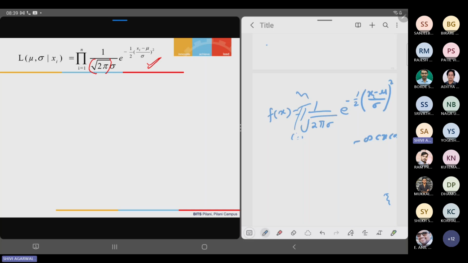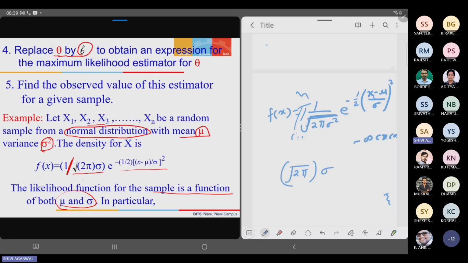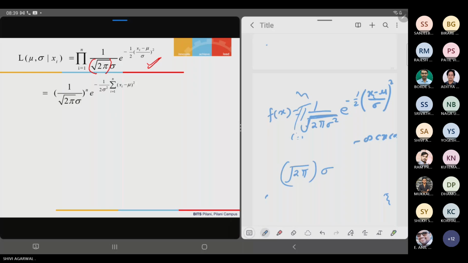We are taking sigma square here, so it will be inside the square root. But if we are taking 1 upon 2 pi and then sigma, sigma is outside the square root, so it is sigma only.